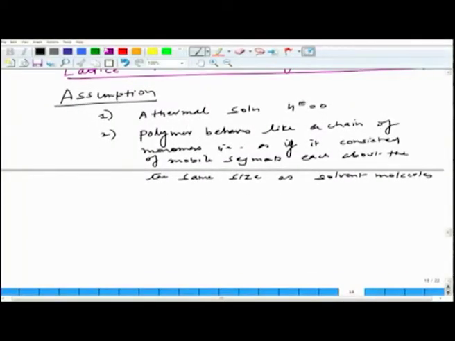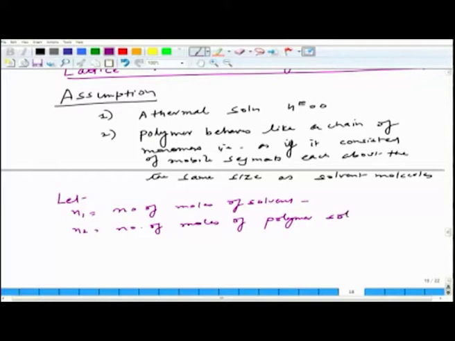So, let us consider N1 as the number of moles of solvent, N2 is the number of moles of polymer solute, and let us say r is the number of segments in a polymer molecule.